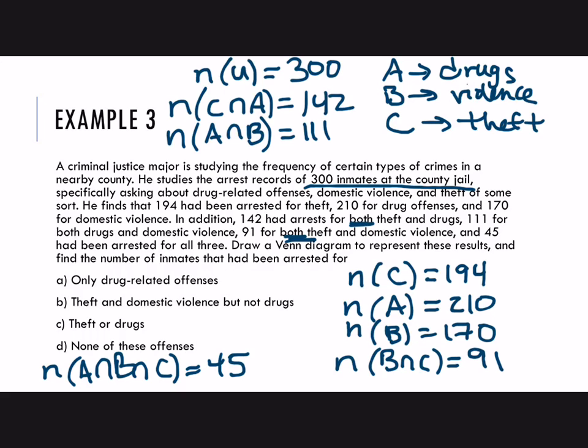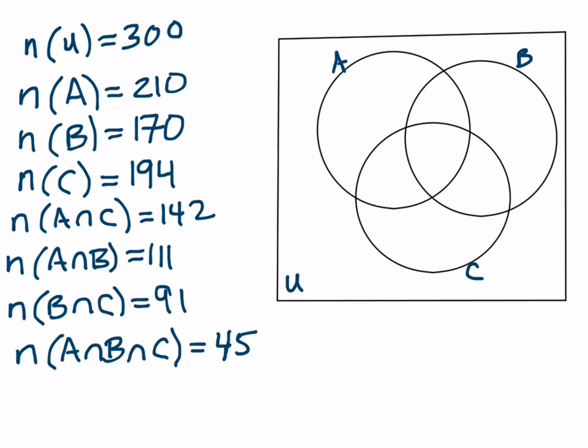Okay, and then we need to answer some questions, but let's make a Venn diagram before we do that. So here I've recopied the relevant information, the cardinalities, and let me also label these sets. A is drugs, B is domestic violence, and C was theft.